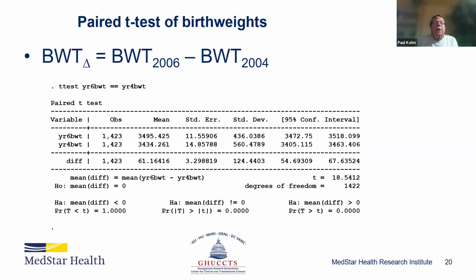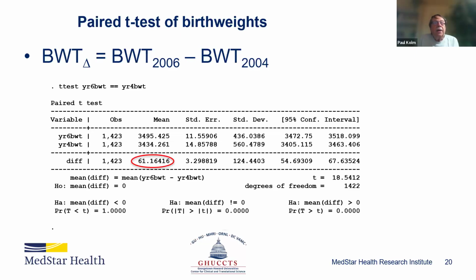Here's what a t-test would look like comparing year 6 with year 4. We have 1,423 matched pairs, and the statistic of interest here is the difference between the two.